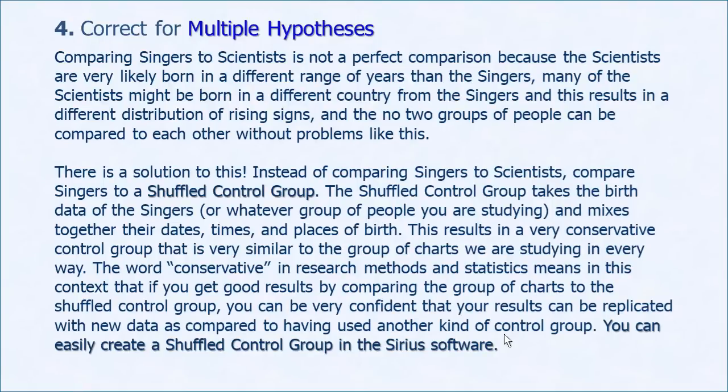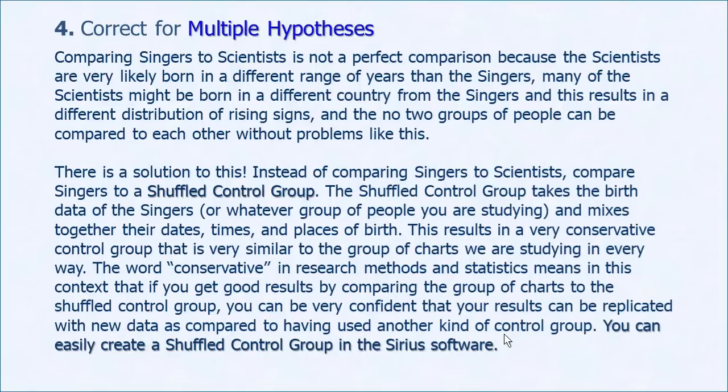You make the AstroSignature, you run it for your singers, you make the shuffled control group, the feature is right there in the software, you compare it, and you run the t-test, all right there. So you don't have to learn some other statistical software or anything.